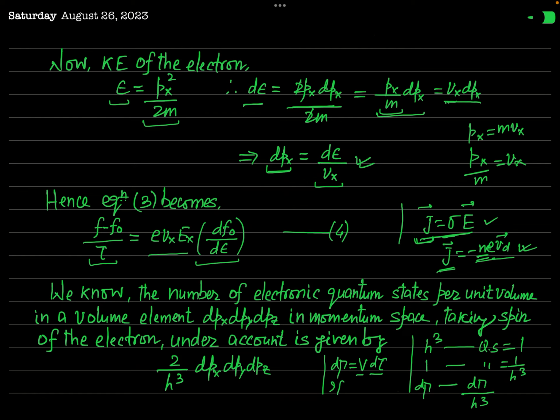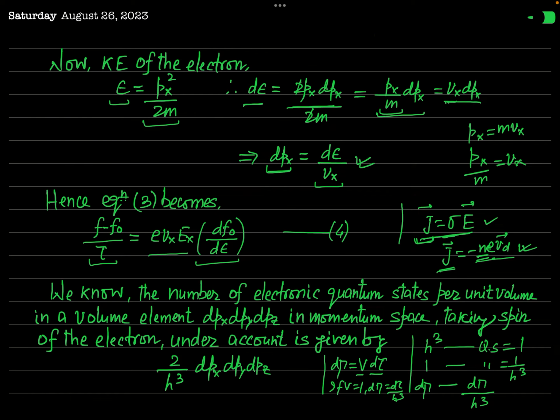Now, if you take V equal to 1, that is, you are talking about a physical space of unit volume, then d gamma will be equal to only d tau. So the number of quantum states in unit volume of the physical space will be d tau over h cube.